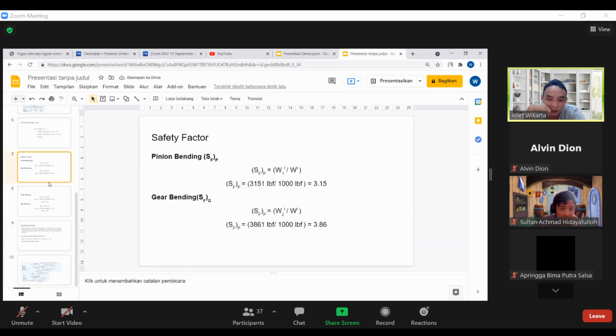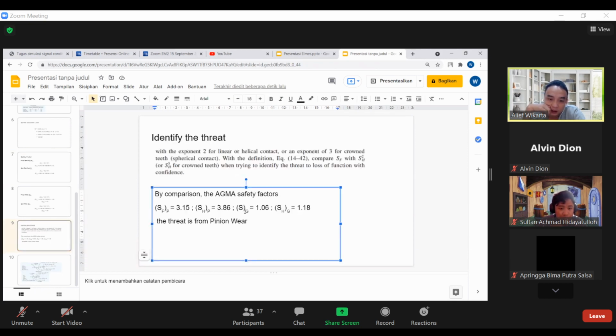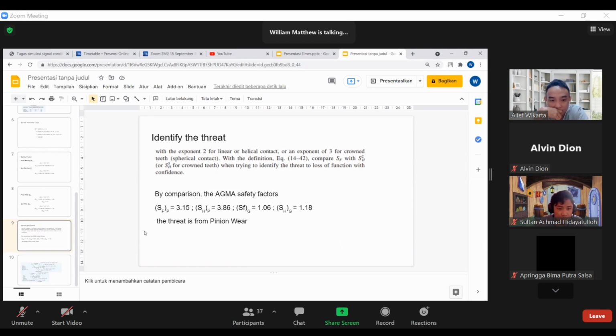Should be SH, I think. Oh wait, F is bending. So your second S should be F. So this is the result. I think the first one, 3.15, is SFP, that's correct.